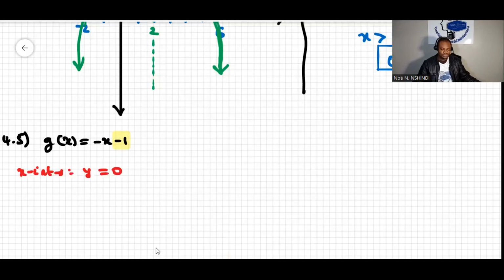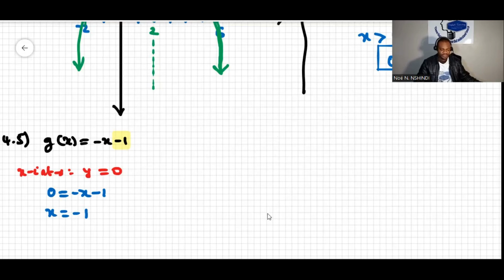So this will be 0 equal to negative x minus 1. If I move negative x over, x will be equal to negative 1. So negative 1 is the y-intercept, and negative 1 is the x-intercept also.